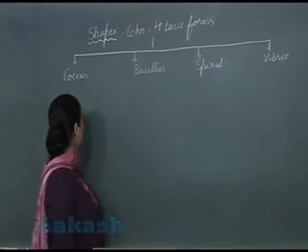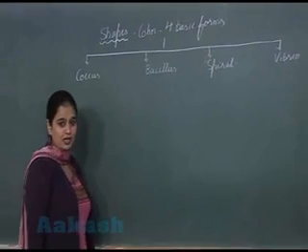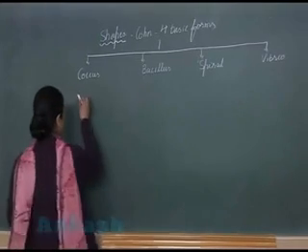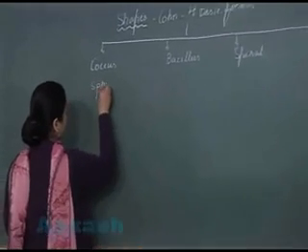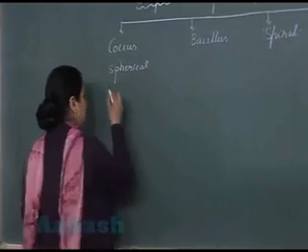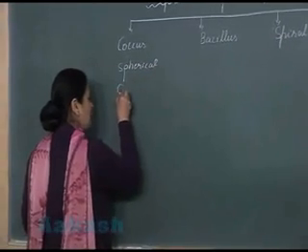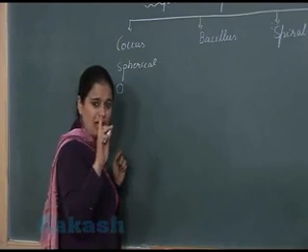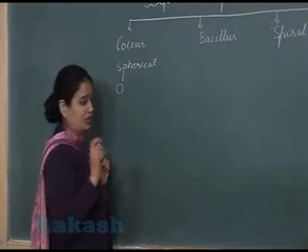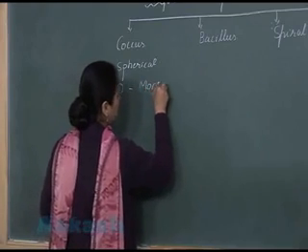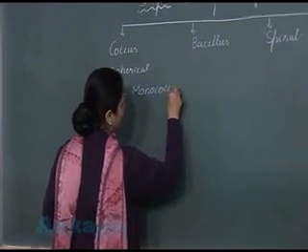So let's start first with the Coccus one. The Coccus bacteria represents spherical shape. If there is only one spherical bacterium, an occurrence of a single one, then this condition is known as monococcus.